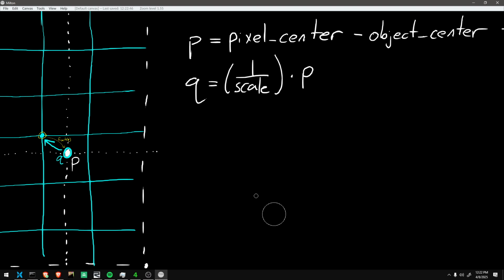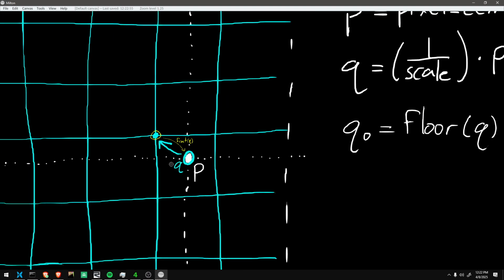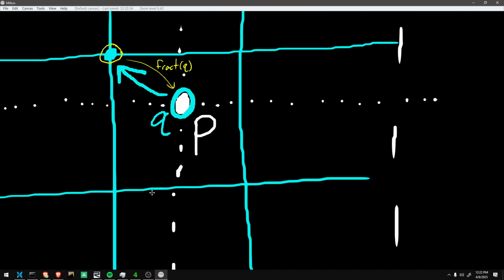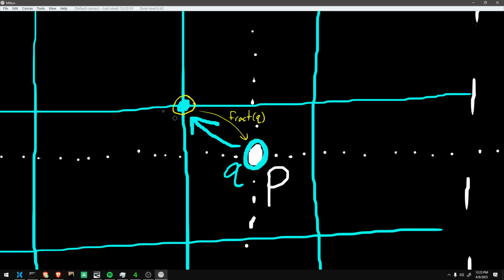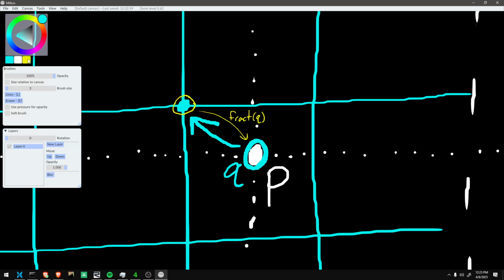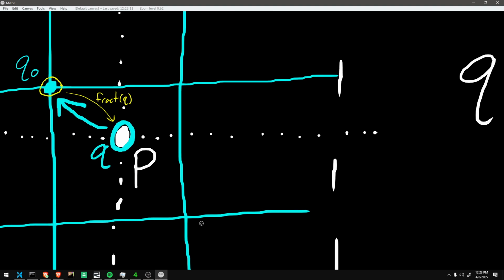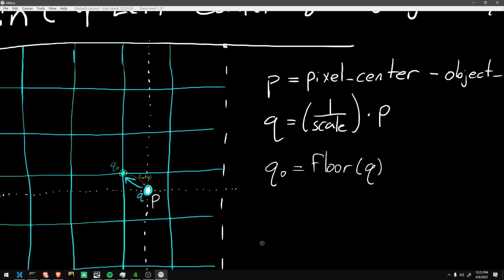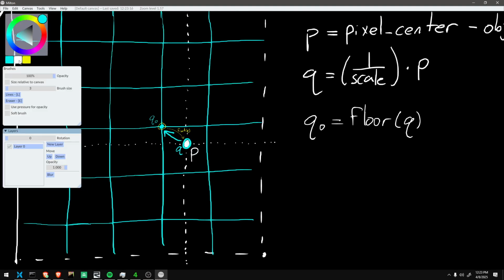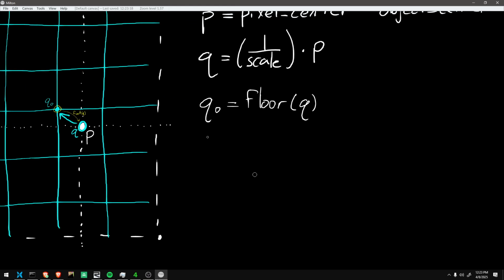So we'll call Q is Q. Q naught will be the rounded version that is representing the origin of the large pixel from the source art, where this is the point on the screen where this large pixel gets placed, and that's going to be called Q naught, the origin of this pixel. Now, what we want is to calculate delta.